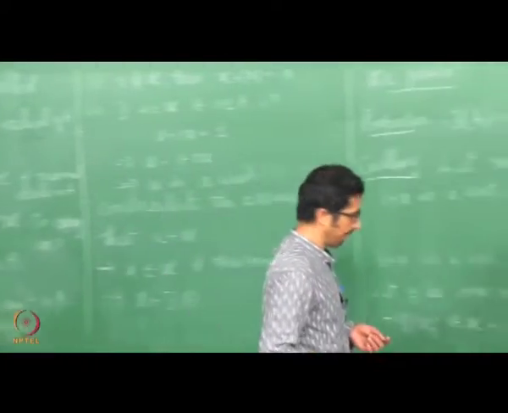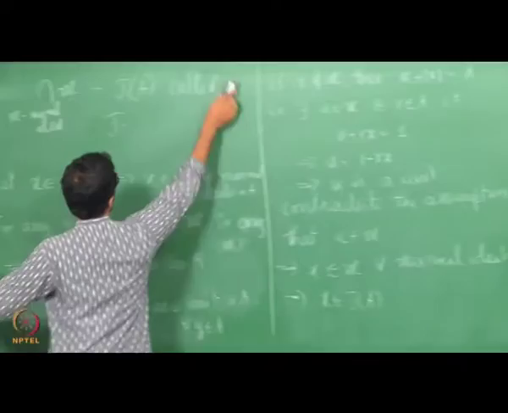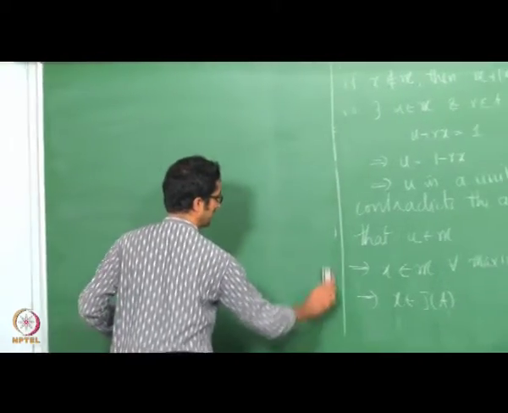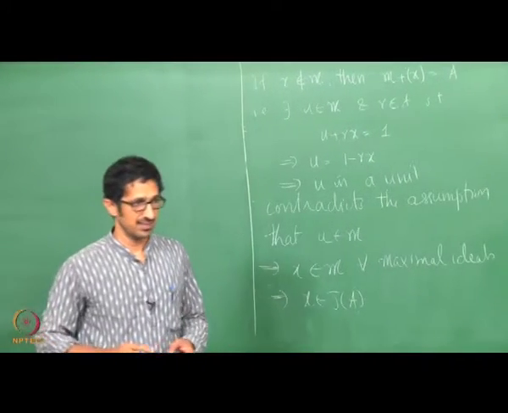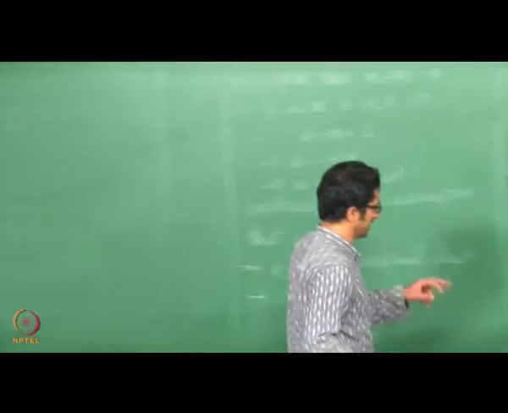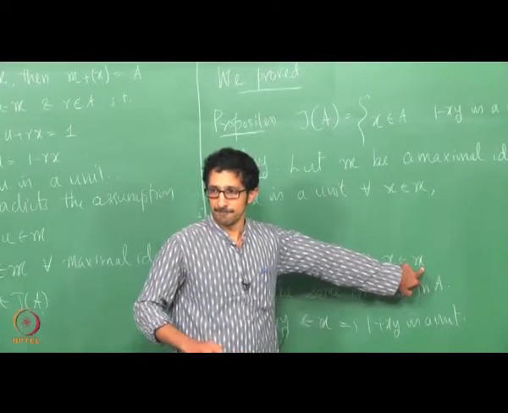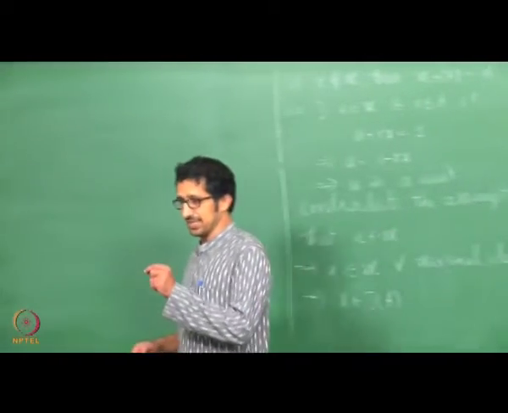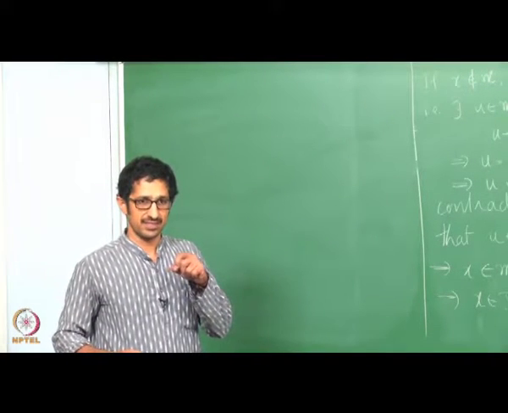That means, what does that mean? x is in the Jacobson's radical, but we are starting with x in M. Jacobson's radical is the intersection of all maximal ideals.